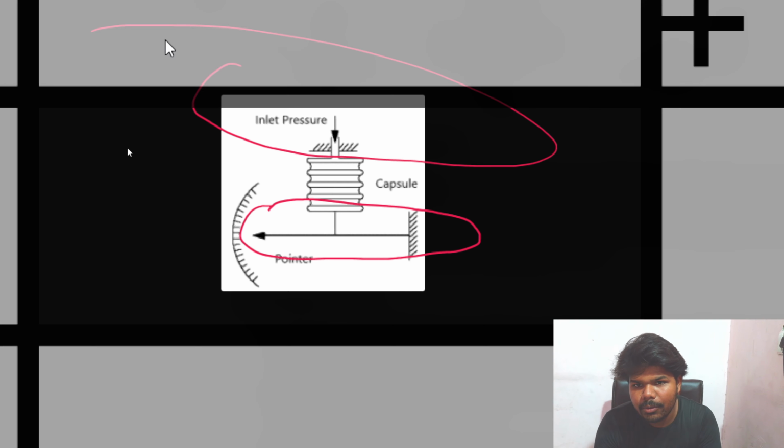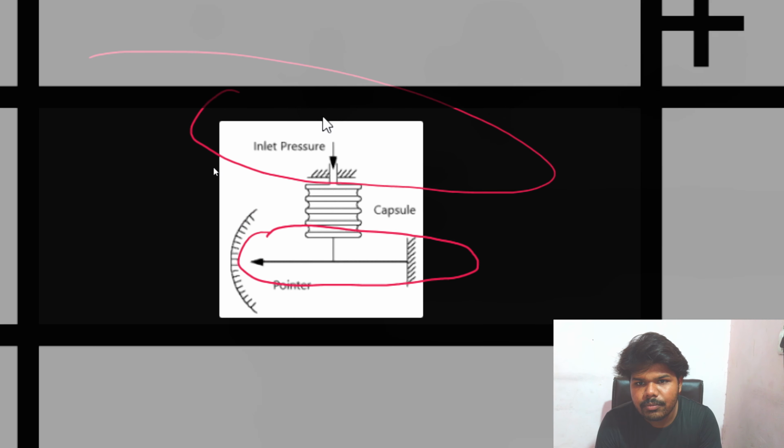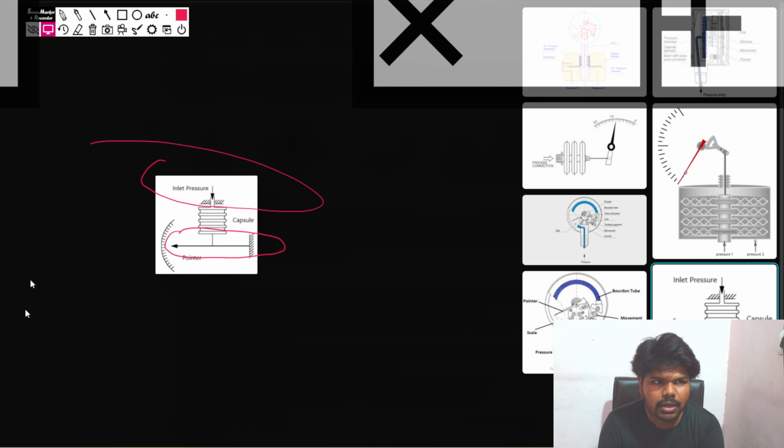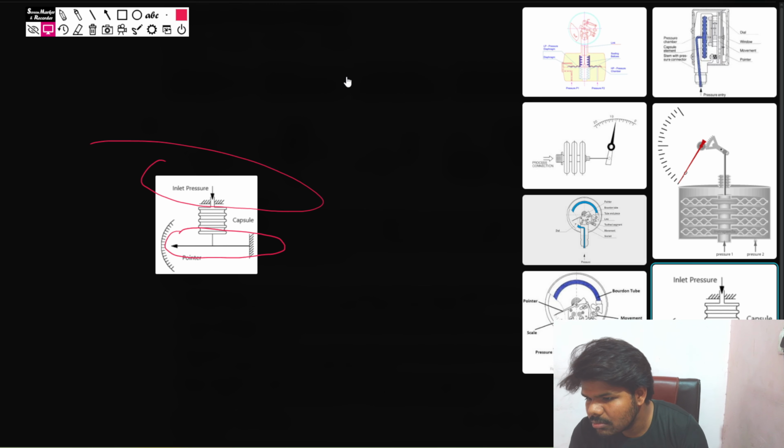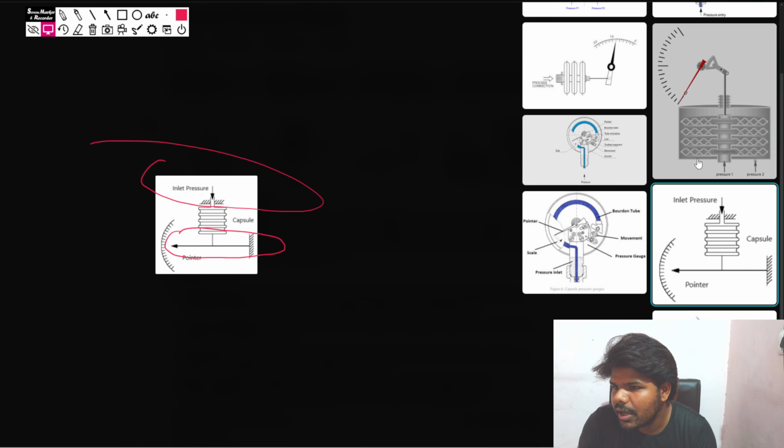This is the inlet point. The capsule is movable, one point is fixed, and the needle will travel, understand? This is the capsule. This kind of pressure gauge is not so difficult.